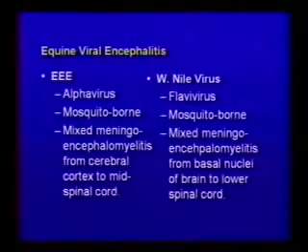Both of them cause a mixed meningoencephalitis. They infect the meninges in the brain and the spinal cord, causing a mixed inflammatory infiltrate. And when I say mixed, what I mean is that it's both neutrophils and lymphocytes. The difference that we see in these two viruses is the location of the lesions within the brain and spinal cord.